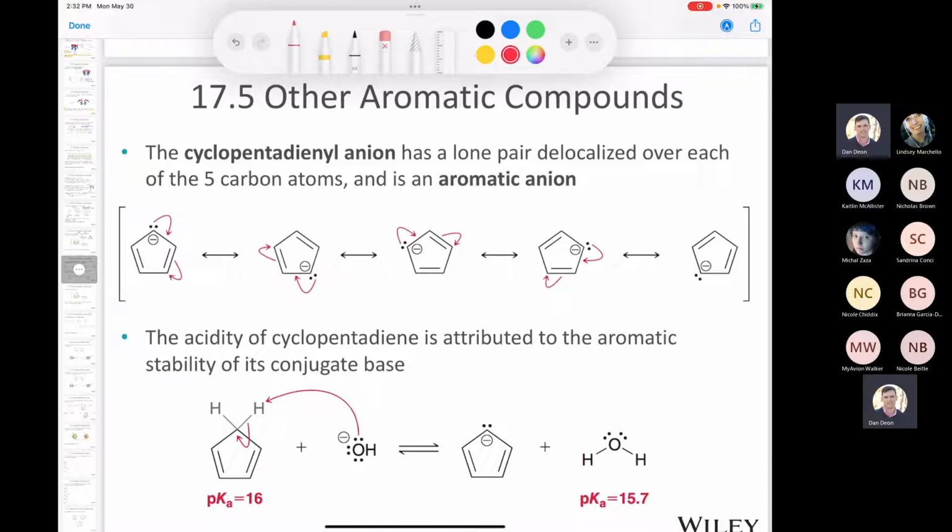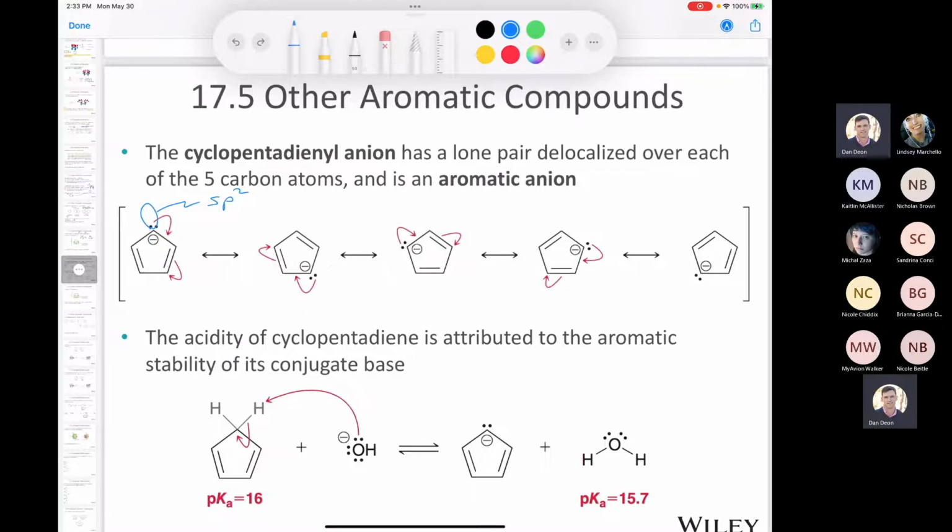And it says here that the cyclopentadienyl anion has the lone pair delocalized over all 5 carbon atoms, and it is therefore aromatic. Now, why would that be? Because instead of the carbanion having sp3 hybridization, it adopts sp2 hybridization. That means that the lone pair would be in a p orbital.